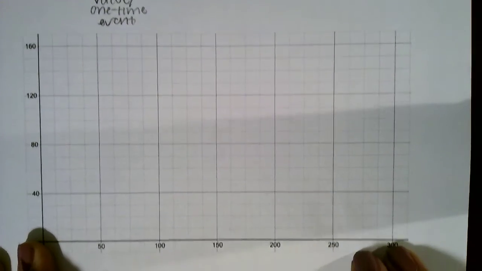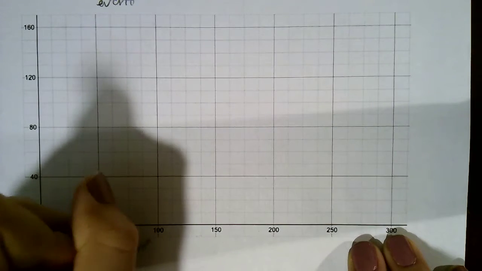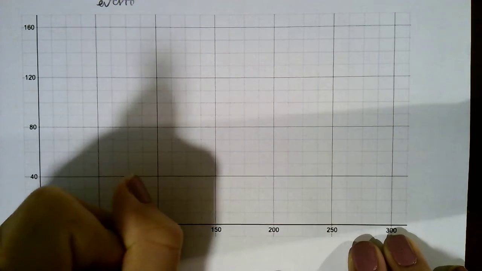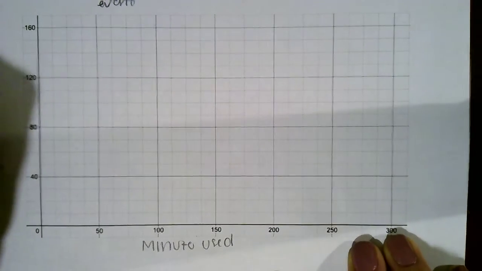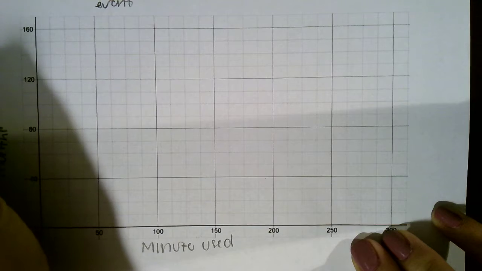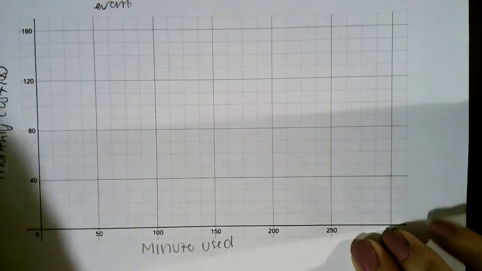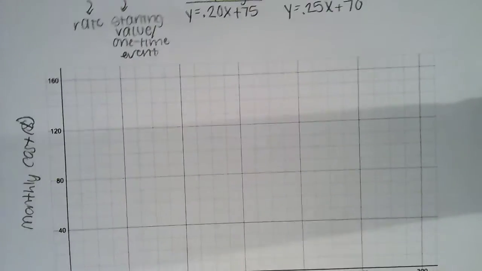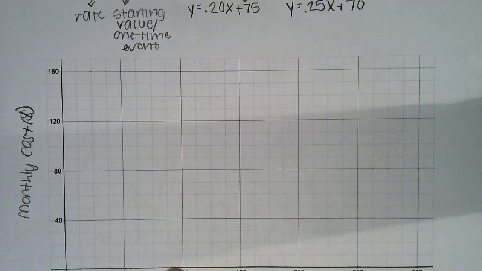Okay, so let's start with x. X is minutes used. Okay, and that determines the monthly cost, and this is in dollars. Okay, it's not in cents, it's in dollars. So now I can look back at my equations up here.